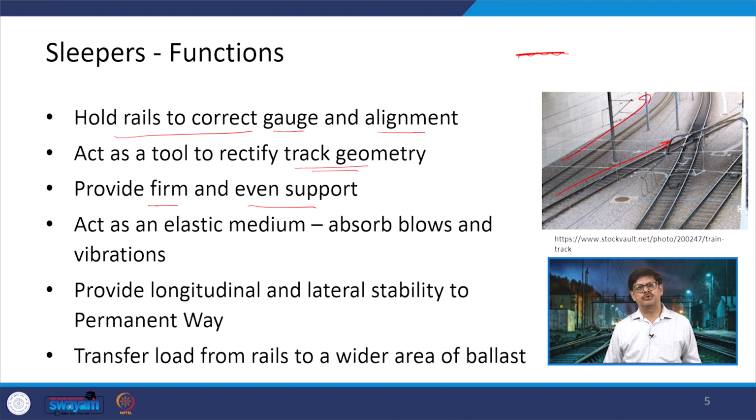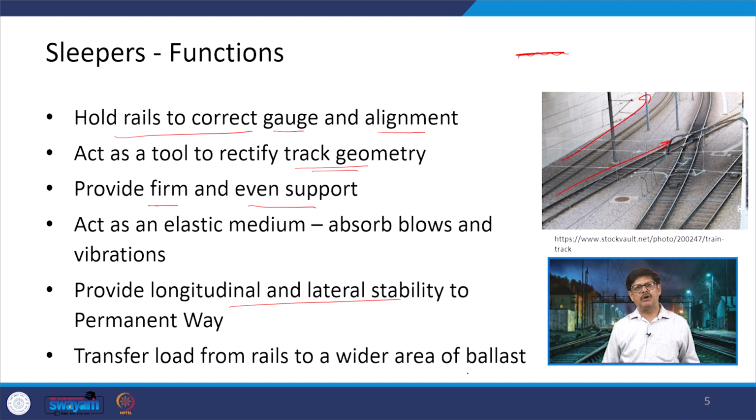They should be able to absorb blows and vibrations which are induced in the tracks because of the higher speeds, because of the clearances available in the track with respect to the wheel and axle arrangement and the lateral movement of those wheels and axles because of either the track geometry or the alignment or any irregularity in the track or the forces acting in the lateral direction. It should provide the longitudinal and lateral stability to the track.